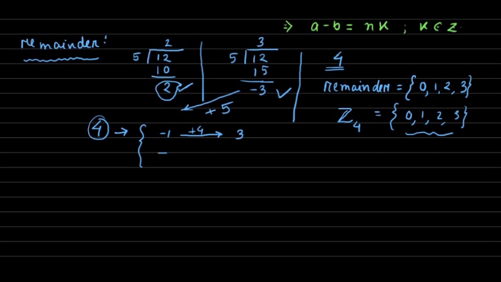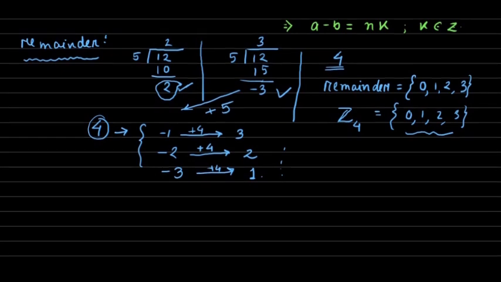If we get -2 as remainder, to accept the value, let's add 4, and we get +2 as remainder. If anyone gets -3 as remainder, then the positive value will be +1 similarly. This is a very brief concept that should be kept in mind.